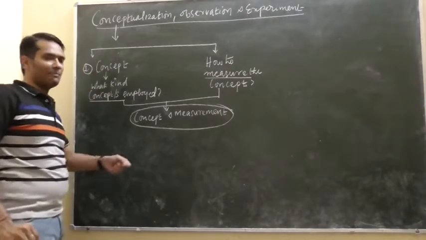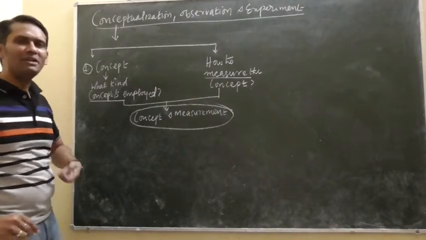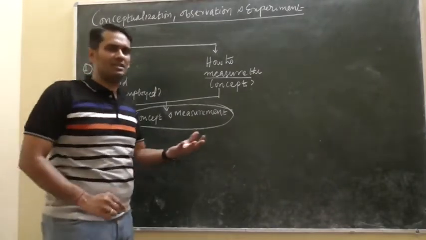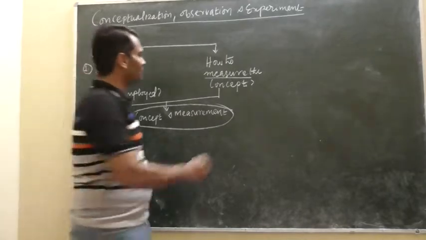Okay, for example, I would like to start with the very idea of what we mean by the term concept. Before explaining that, I would like to give a small example.